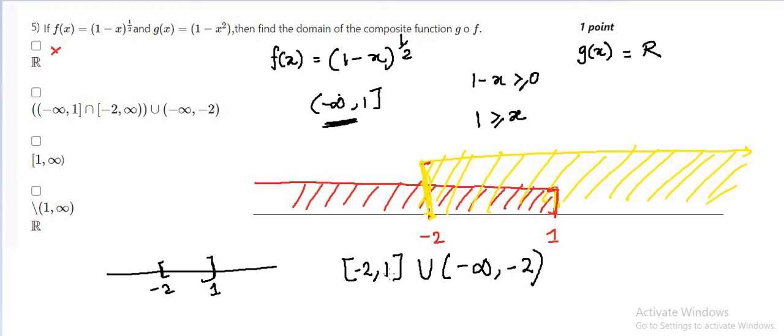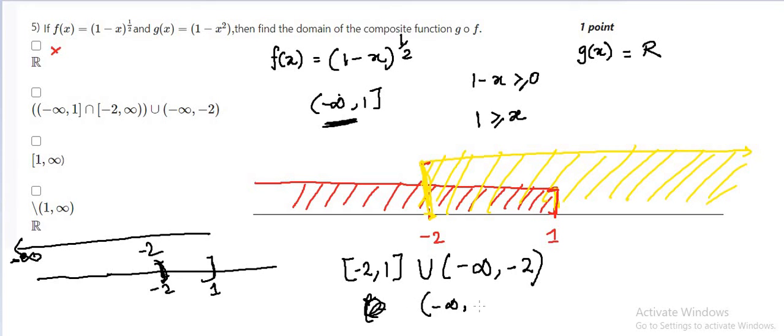And the next one is minus infinity to the open interval minus 2. If you take the union, it goes from here to here, which gives you minus infinity comma 1 in a closed interval. So by this you can clearly see that option B is absolutely correct.